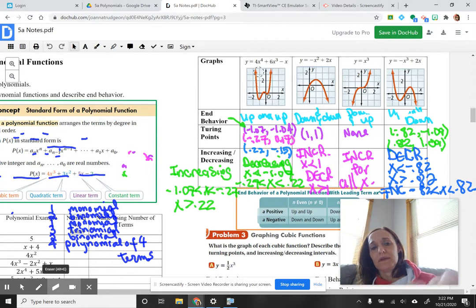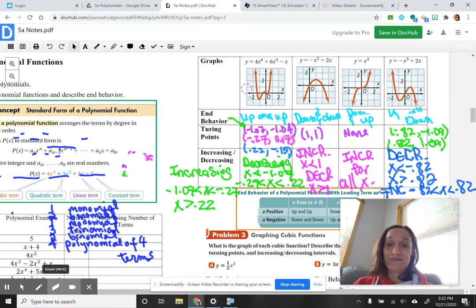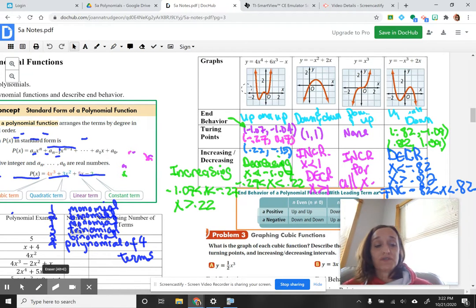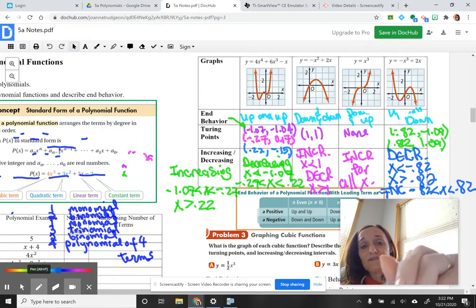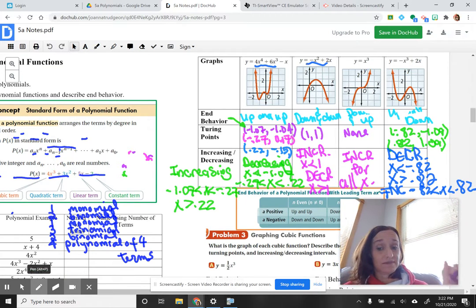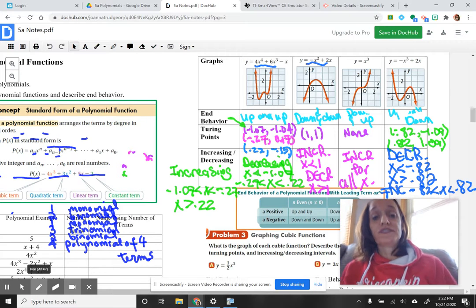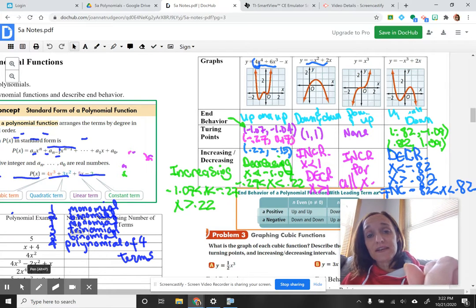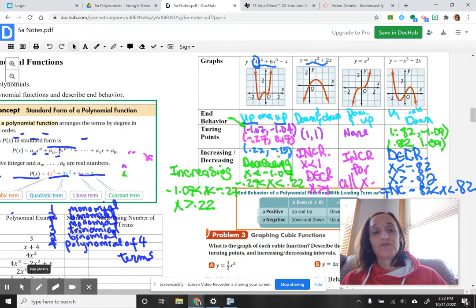If it's an even function, meaning the highest degree is even, like the first two here, the left and the right one, they are even functions because the highest degree is an even exponent. And if it's a positive a, it's up and up. So if you think about a parabola, y equals 2x squared plus 6x plus 5, that is a parabola.